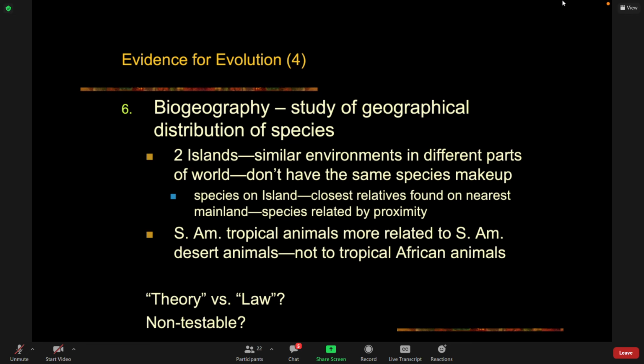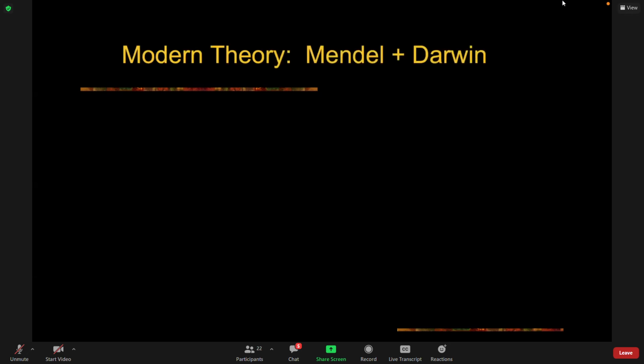They may have been destroyed, but by finding a fossil that is intermediate between a fish and a land vertebrate, that is a test of the theory, and it provides evidence for it. And so there's various ways in which the science works, and this doesn't render evolution non-testable. It is quite testable. Okay. All right.